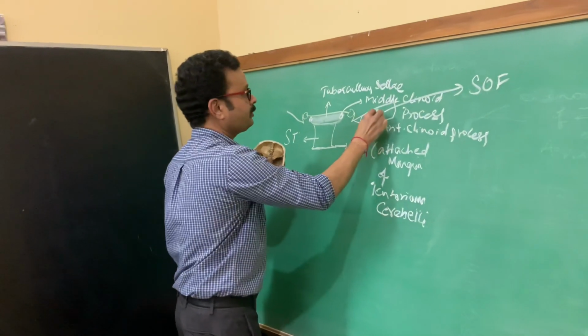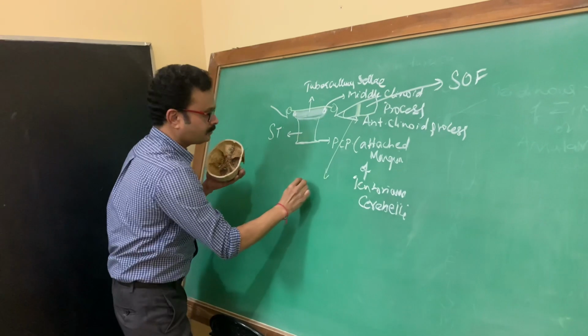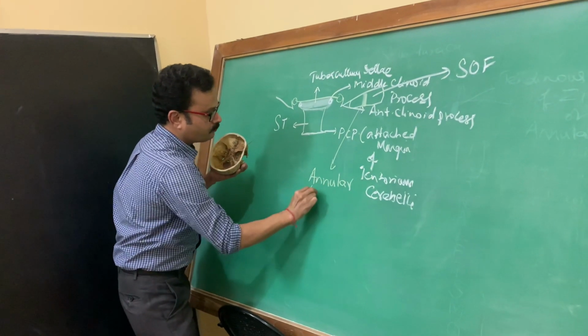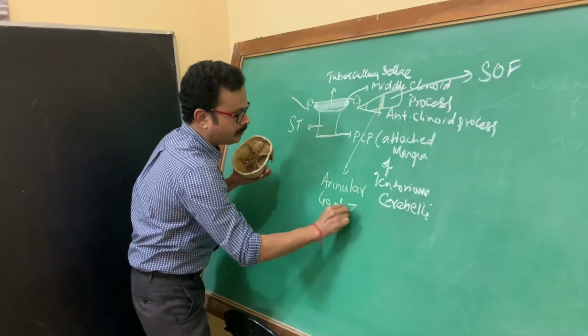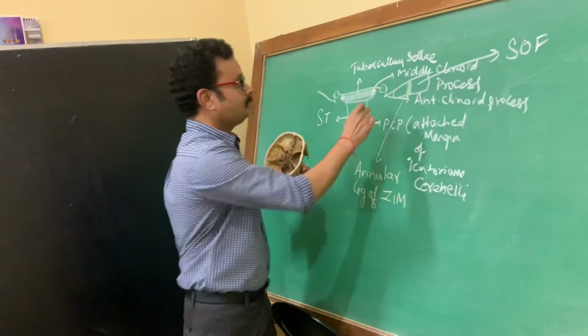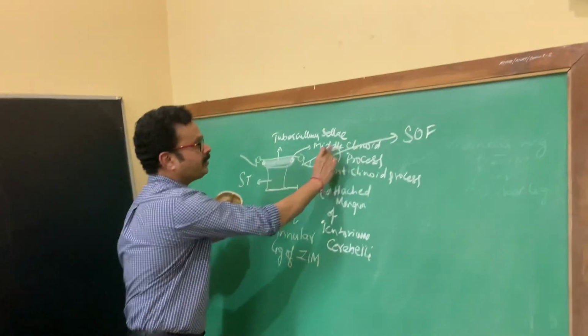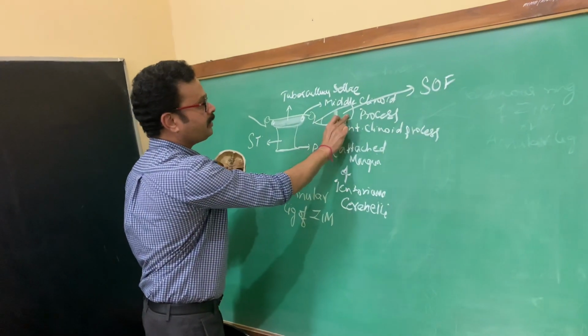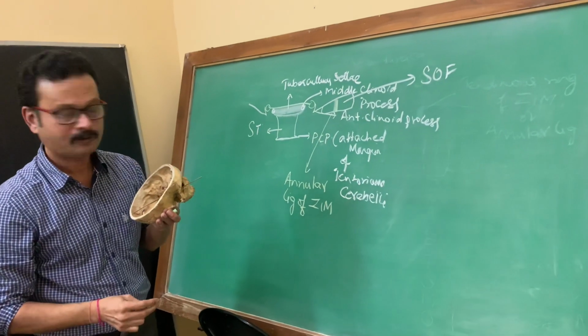This is a ligament which is called annular ligament of Zinn or annular tendon, or even tendinous ring of Zinn, thereby dividing this superior orbital fissure into three compartments: medial, intermediate and lateral compartments.